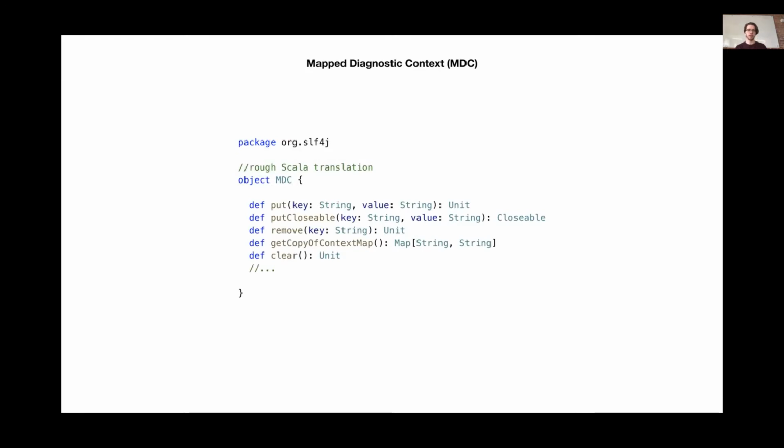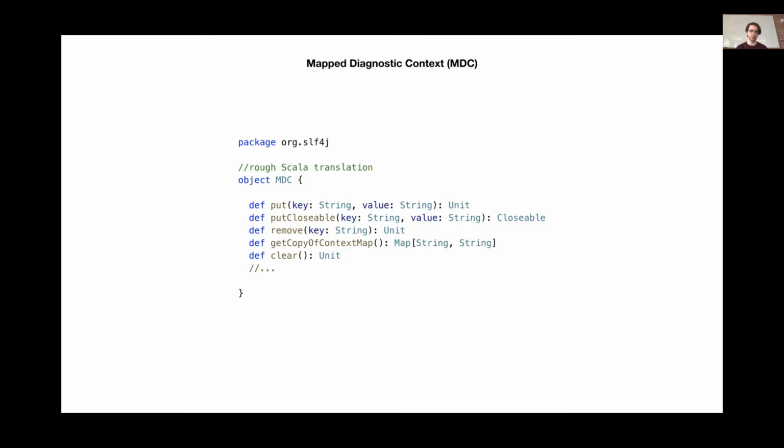So one approach to doing this kind of structured logging that also is based on some context is using the mapping diagnostic context, or MDC. It's part of SLF4J, the logging facade for Java and JVM applications.